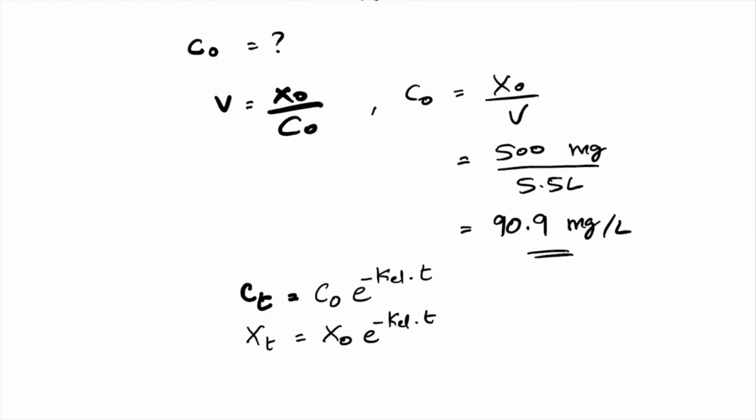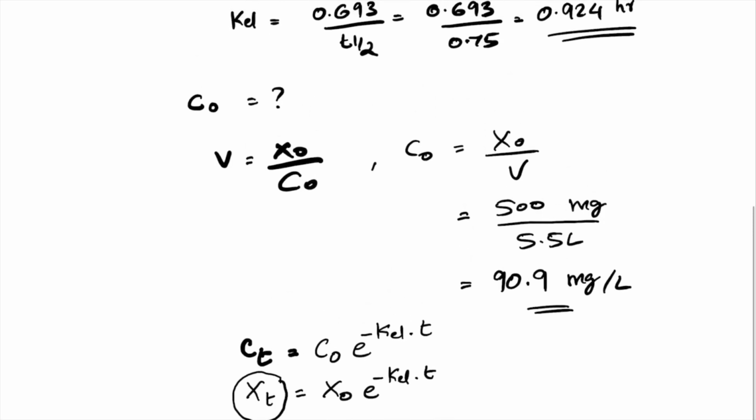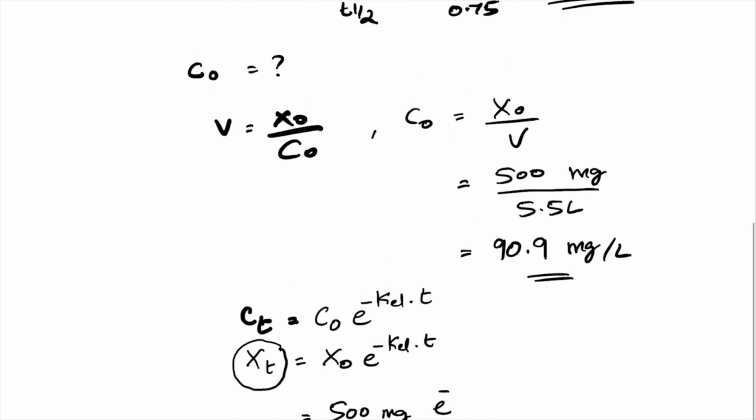What is being asked here is to calculate the amount of drug in the body 4 hours after the dose. To calculate that, we know X sub 0, which is the dose, is 500 milligrams times e raised to negative KEL, which we calculated as 0.924, and the time is 4 hours after the dose.